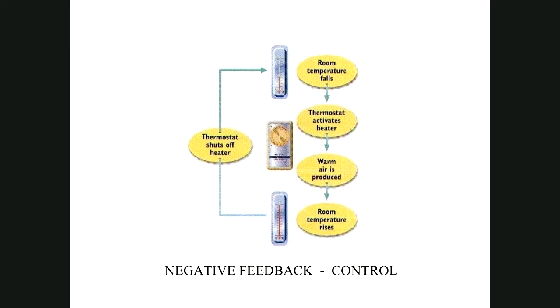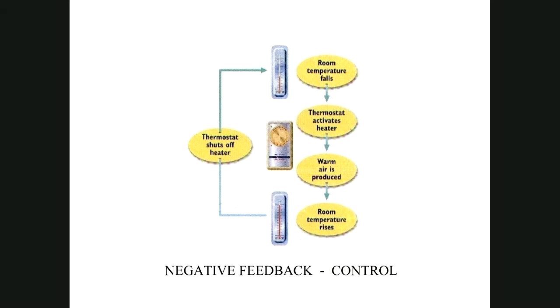If it goes too high, the thermostat will turn off the furnace and your house will cool back down to 70. Either way, the thermostat working with the heater is causing the temperature in your house not to get too hot and not to get too cold.